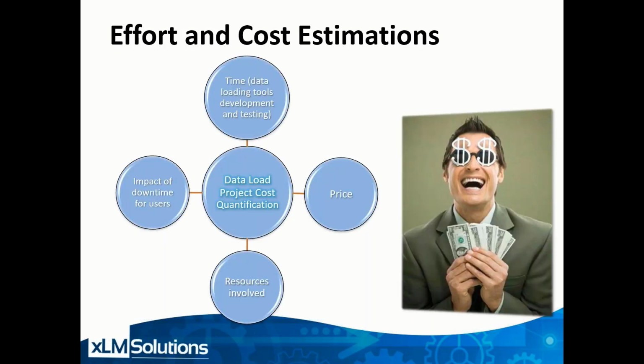So with any migration project, it's always a balance between time to do the migration, cost of the migration, downtime for users, resources involved, both from a partner or the end customer itself, quality of data, testing time, etc. So it's a balancing act, and we're always here to work with you to determine what that best balance is between automation, manual entry, cost and time to develop or provide a solution to best meet our end customers.